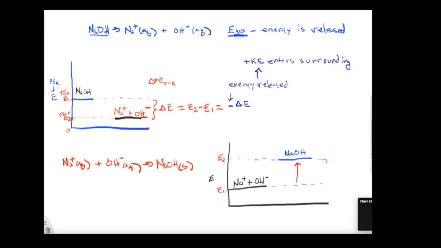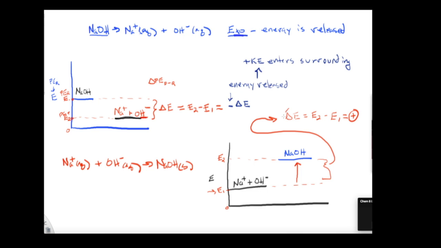And when I take the difference, I'm going to just move this up. Then delta E is equal to E2 minus E1. And you can see when you look at the vertical axis that E1 is most definitely less than E2. So this is going to be a positive number.